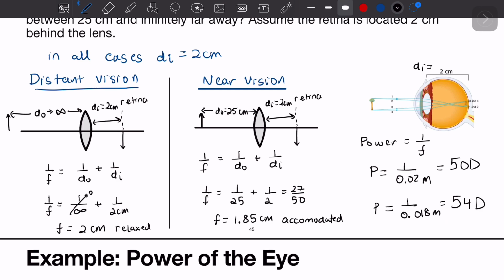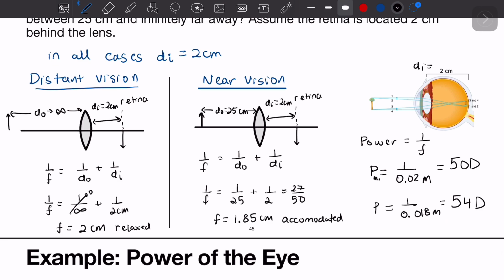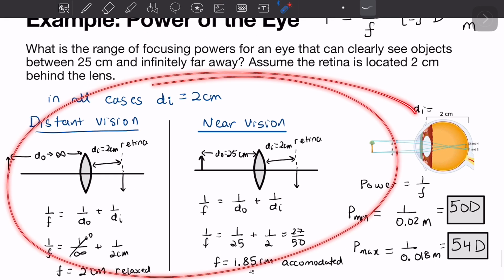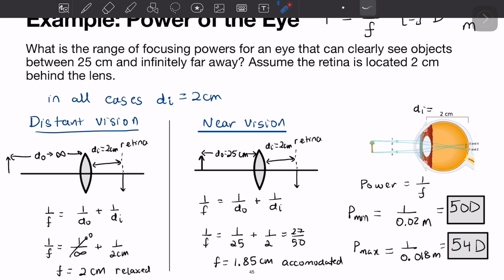So this is the minimum power of our eye. P min is 50 diopters, and P max, the max power of the eye, is 54 diopters. All right. I encourage you to pause the video and make sure that you can digest this information and do this example on your own.